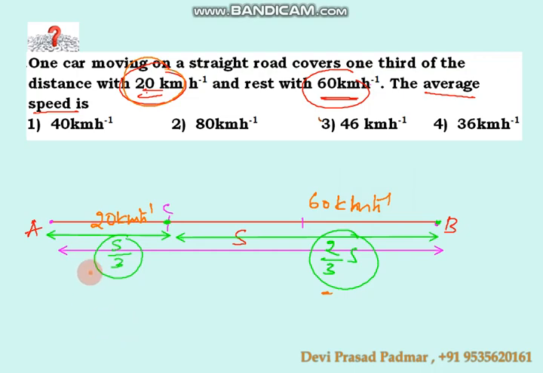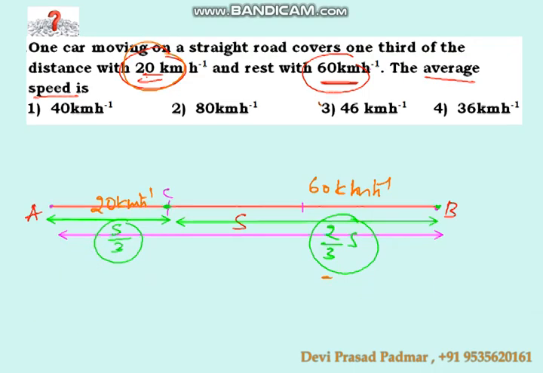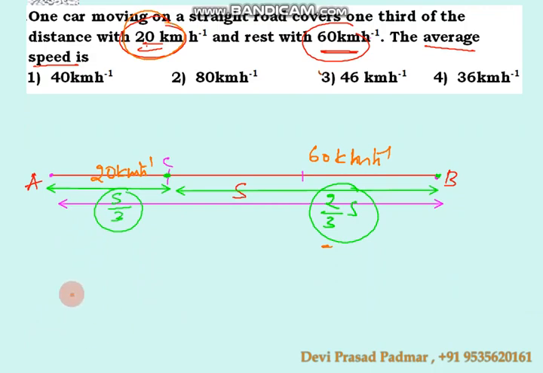So now we need to calculate the average speed. You know the expression for average speed. V average is equal to, speed is always distance by time.